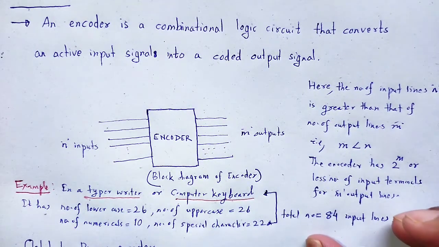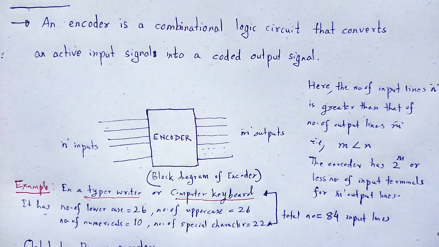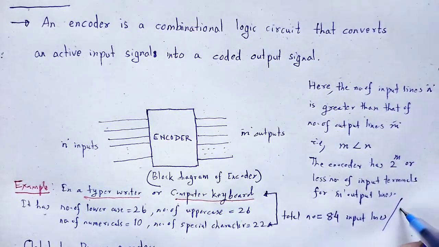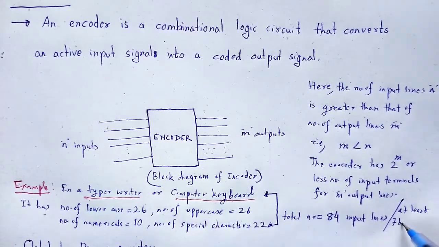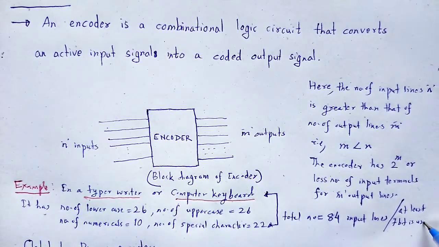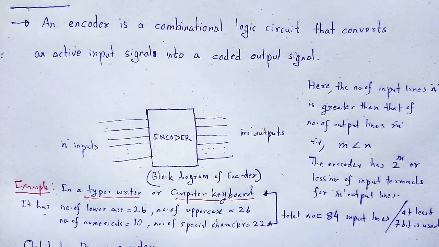At least a minimum of 7 bits is used for the output lines.